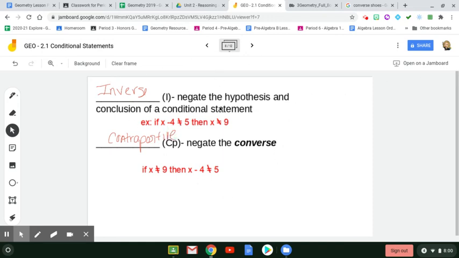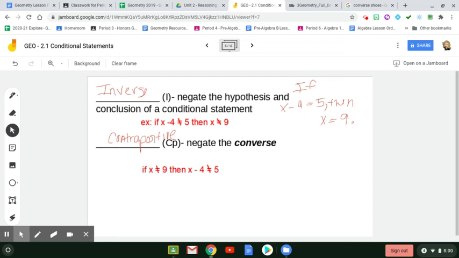An inverse negates or takes the opposite of the hypothesis and the conclusion of the conditional statement. So, again, if we go back to our original statement, which I'm just going to rewrite, our original statement was if x minus 4 equals 5, then x equals 9. This was our original conditional statement.